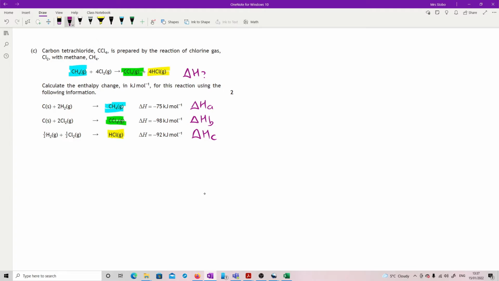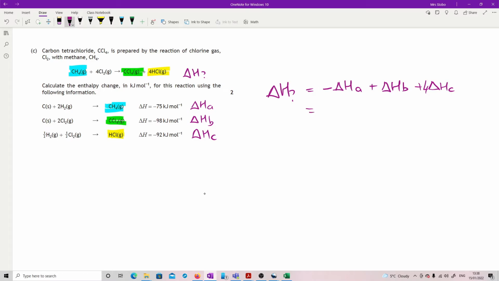Okay, so pretty straightforward. Delta H is equal to, so A is on the wrong side, so I'm going to flip it. And then B is on the correct side, and actually it's fine. I've got nothing to do with that in terms of numbers. C is on the correct side, but I need to times that by 4, so 4 of delta HC.